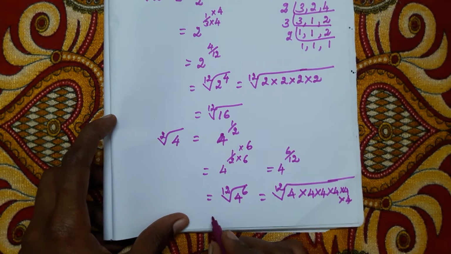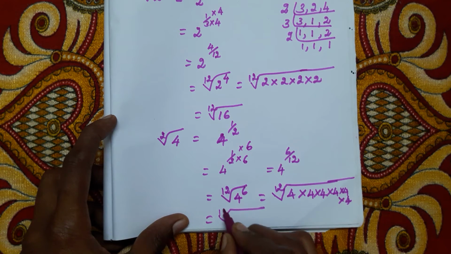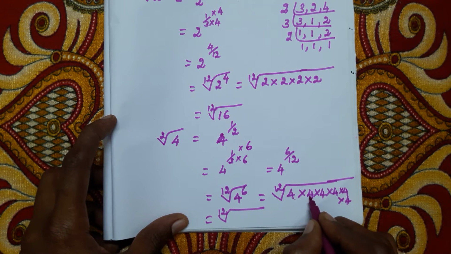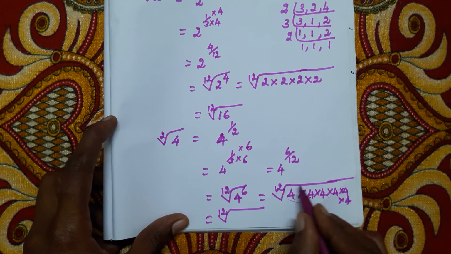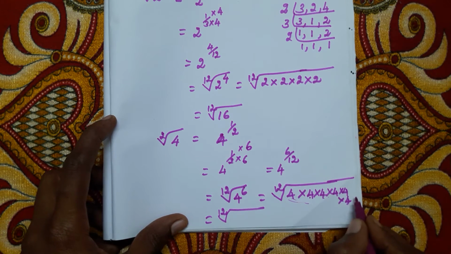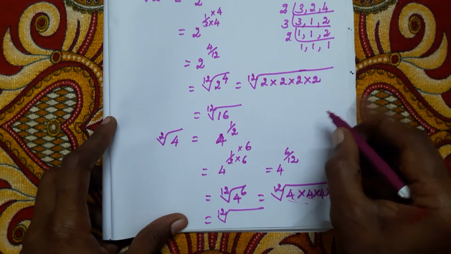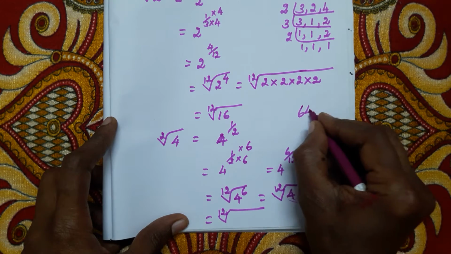Here 4 fours are 16, 16 into 4 is 64. 4 cube means 64. Here also 64. So 64 into 64.